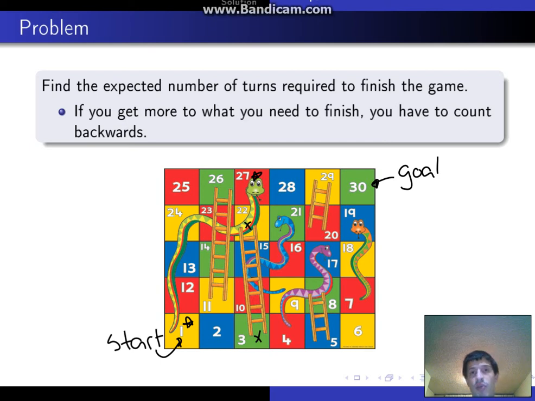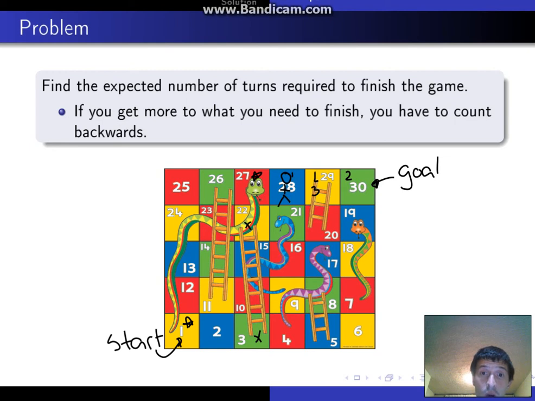And there is something else that you have to take into account. If you are near the goal, let's say you're at position 28 here. If you get 1, you will advance to position 29. If you get 2, you will go to position 30. If you get 3, then you have to go back to position 29.